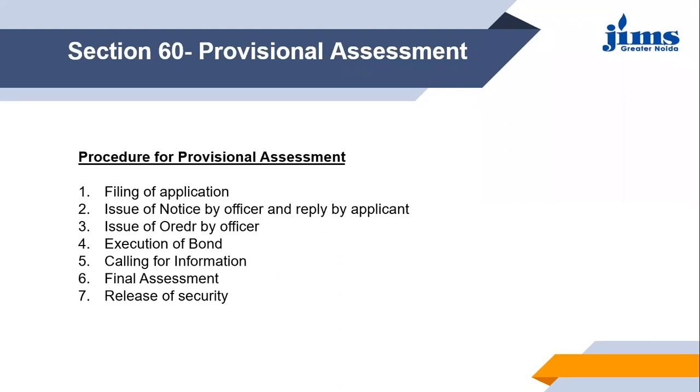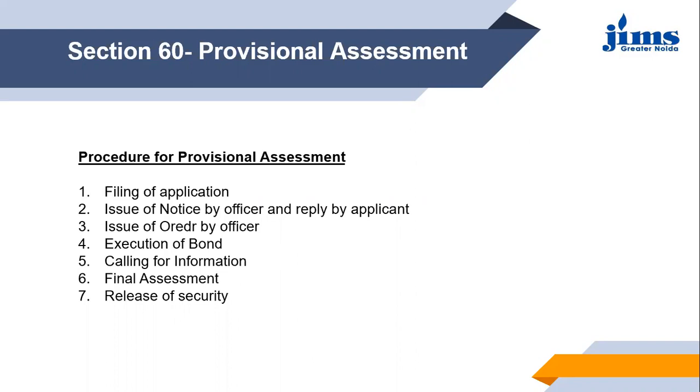Whatever he wants to reply in regard to the demand raised by the proper officer, he can show it under the form ASMT03, and may appear in person before the said officer if required. So he can personally meet the proper officer, or electronically provide the documents, whichever way is required by the proper officer.